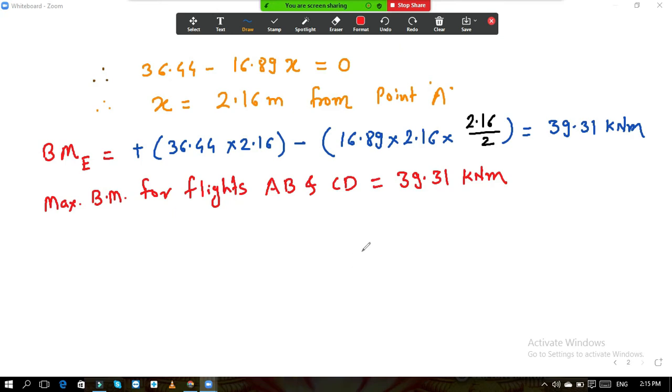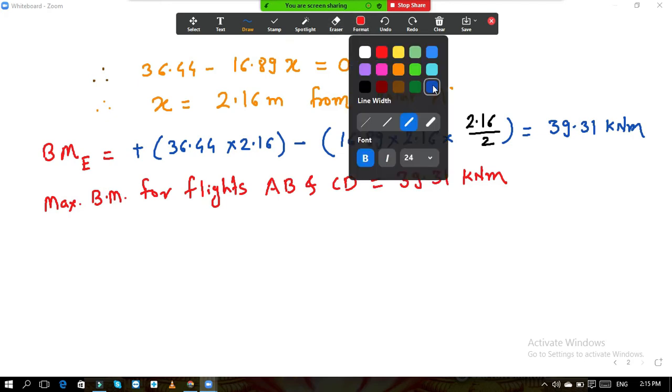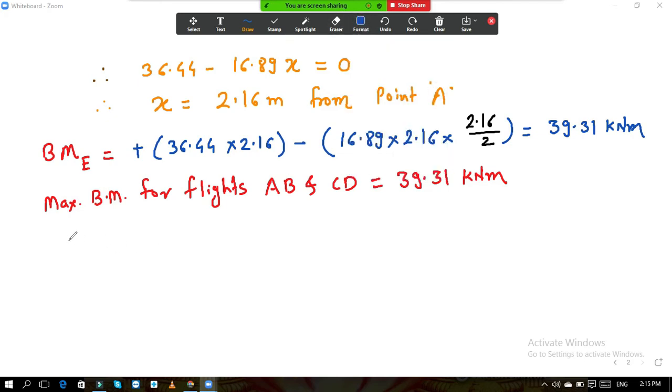Now similarly, we are going to find out what is the bending moment at flight BC. So I will give the heading again. Bending moment for flight BC. So again now we need to consider the BC flight.